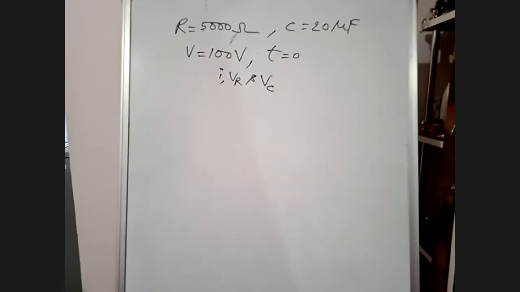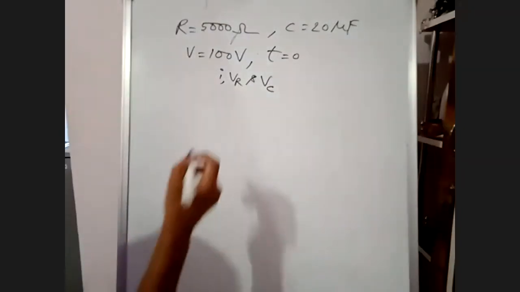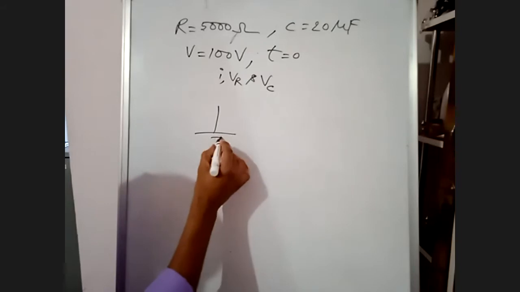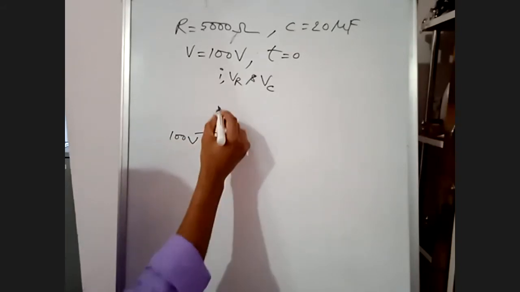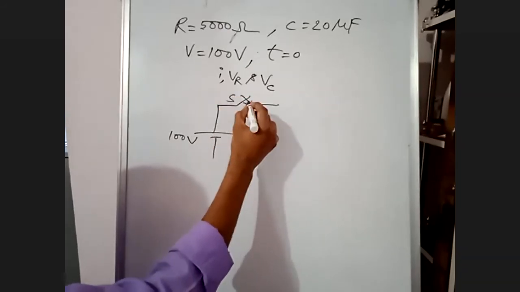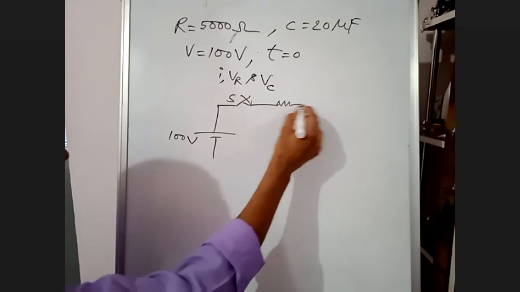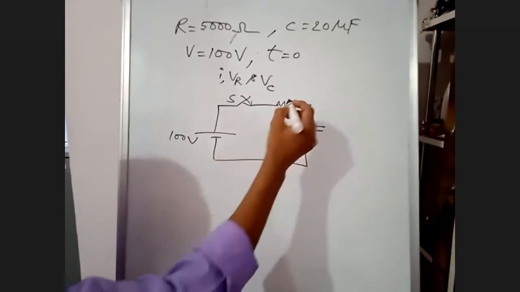So he is giving a series circuit. First draw the circuit. Constant voltage 100 volts is applied. He is closing the switch at t is equal to 0. And these are a series RC circuit, R and C are in series.